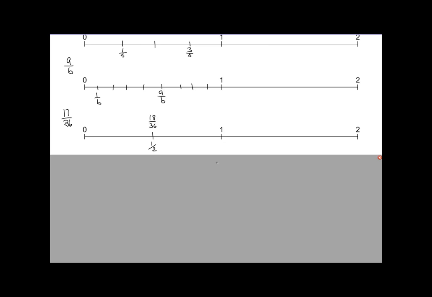Now we can compare our numerator, 17, with 18, and see that 17/36 is really moving only 17/36, a little bit less than 18/36, from 0. And so 17/36 is going to be located slightly to the left of 1/2.